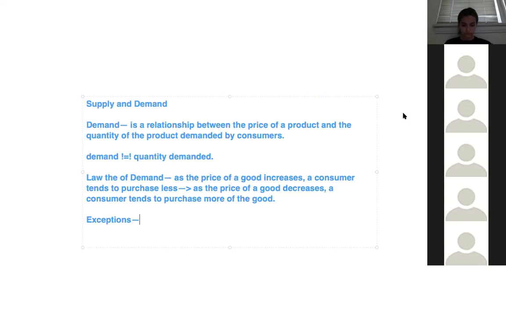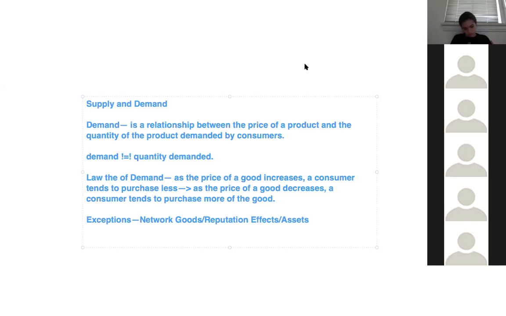But the two exceptions that I'll put in, I won't put in necessities because then demand is inflexible, but not completely different from the law of demand. But I'll put network goods and reputation effects, and I'll also put assets.